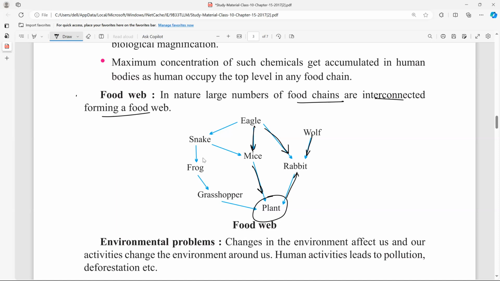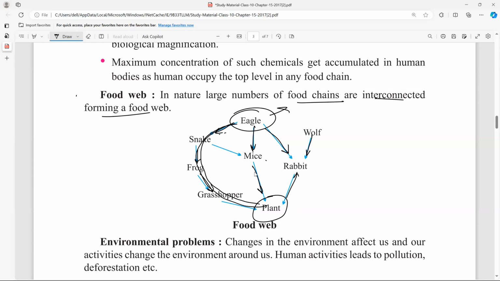This is interdependency. So we can simply say that a plant is eaten by the grasshopper, the grasshopper is eaten by the frog, the frog is eaten by the snake, and the snake is eaten by the eagle. So this eagle is at the top, and it is receiving energy this way.